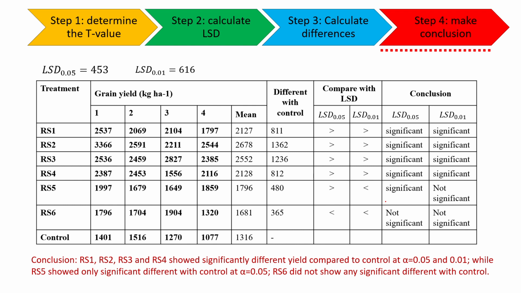So let's put in our conclusion in words. The conclusion is RS1, RS2, RS3, and RS4 showed significantly different yield compared to control at alpha 0.05 and 0.01, while RS5 showed only significant difference with control at the significance level 0.05, whereas RS6 did not show any significant differences with the control.